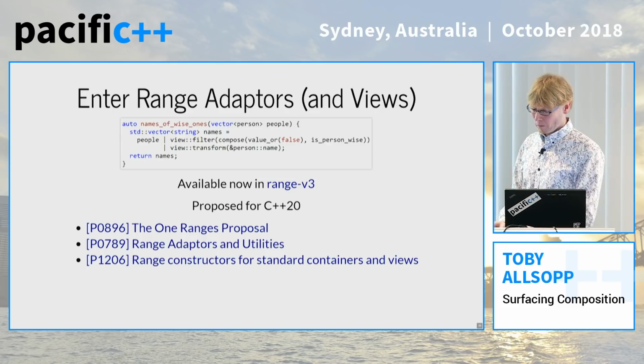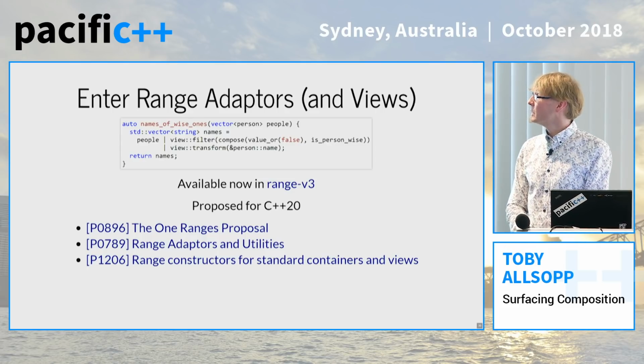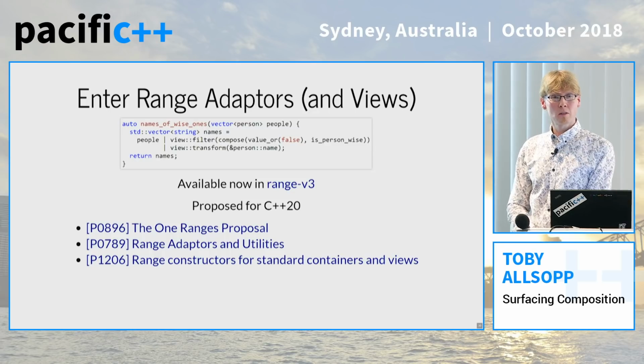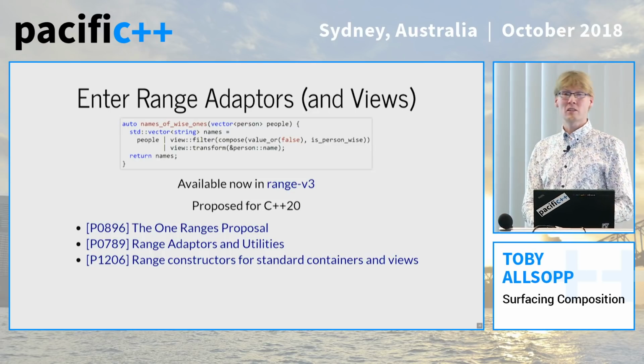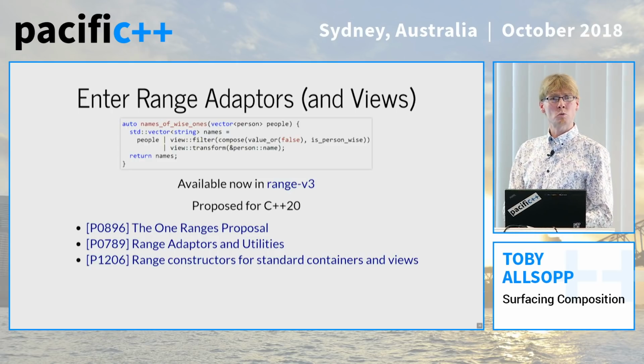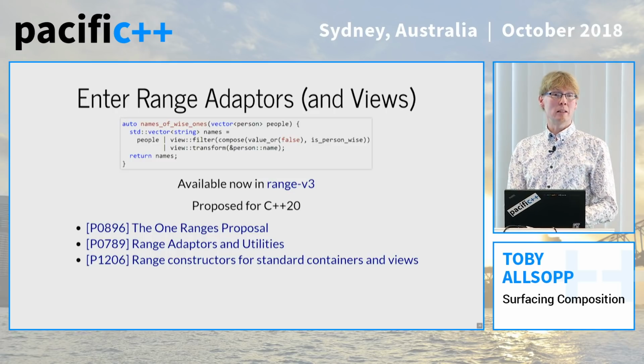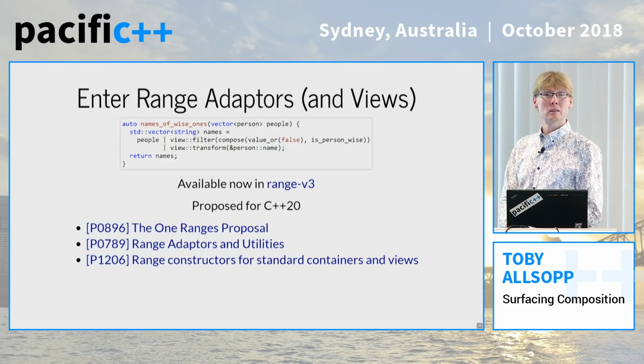I'm not really familiar with the boost range library. It has a lot of similarities. The naming is slightly different, and my understanding is that it has more issues with lifetimes of temporaries and things, but it's much the same idea. I can't really say much more than that.